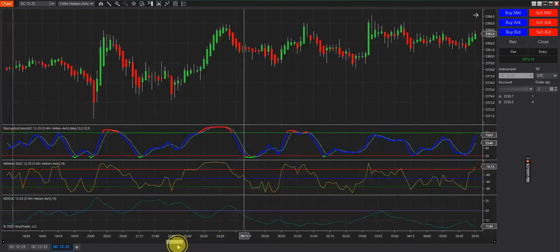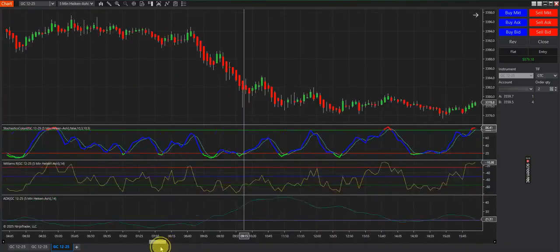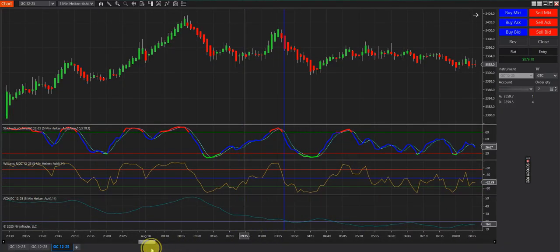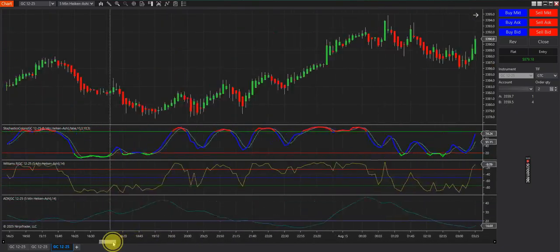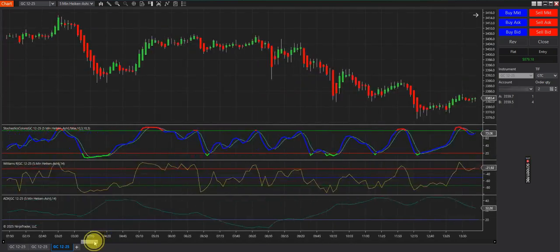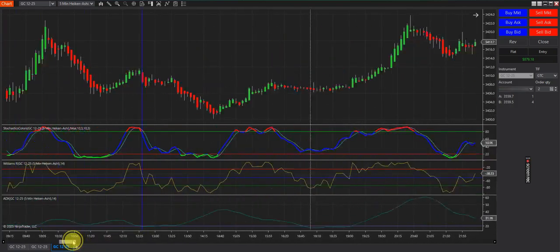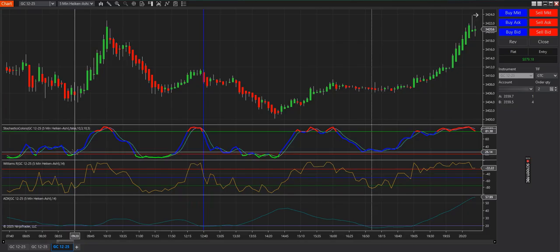So this actually was the trade before the one I said I was going to get back to. So this was the very last trade. The one before that was this one right here that I said I was going to be referring back to.